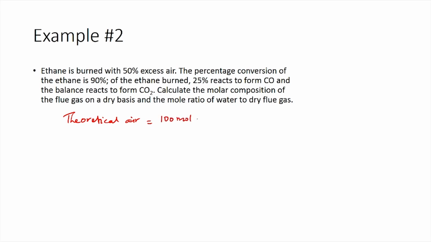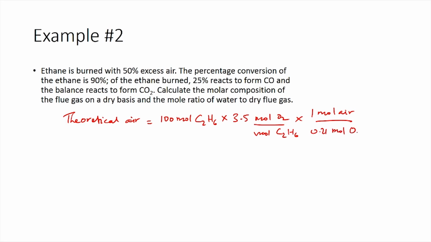So, theoretical moles of air would be equal to 100 moles of ethane times 3.5 moles of oxygen per mole of ethane times 1 mole of air per 0.21 moles of oxygen. This would give us the number of moles of air which is required.